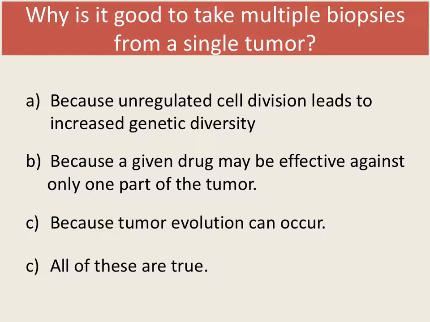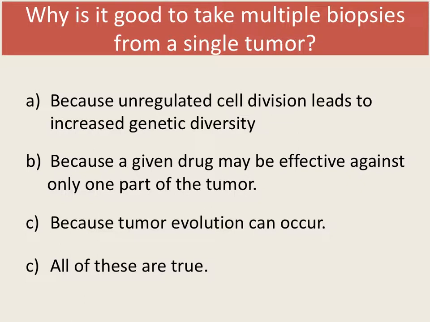Why is it good to take multiple biopsies from a single tumor? Because unregulated cell division leads to increased genetic diversity. Remember, cells are dividing every once in a while and new mutation starts. Because a given drug may be effective against only one part of a tumor with one kind of mutation.